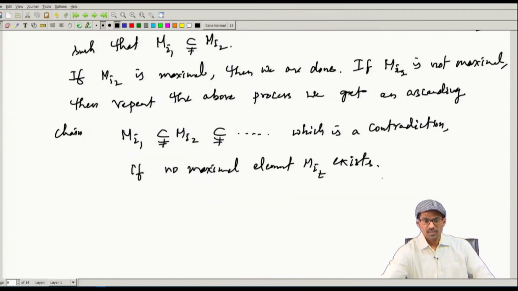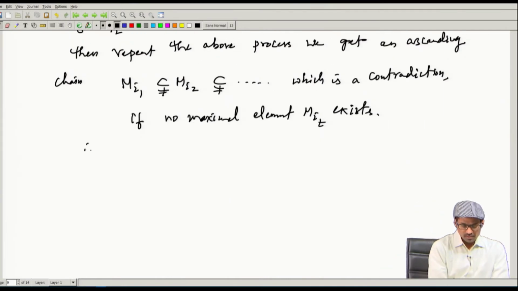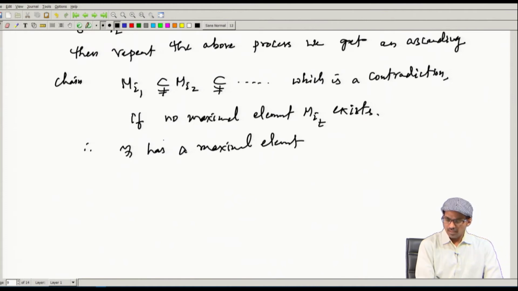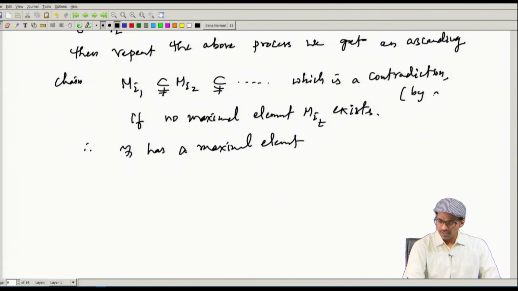Therefore, F has a maximal element. Why is this a contradiction? By our assumption 1.